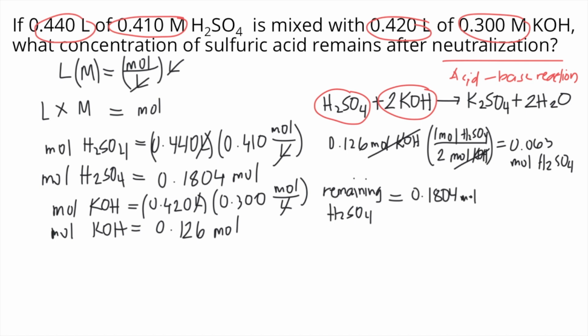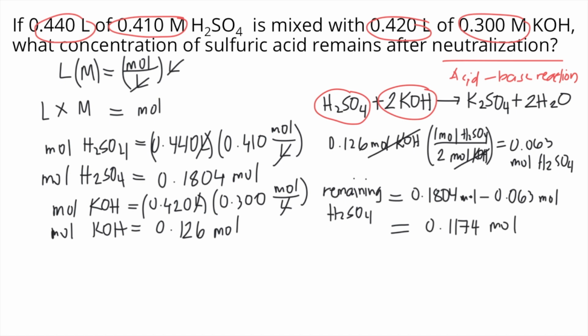Now, after the reaction, 0.063 moles was neutralized. Therefore, the remaining H2SO4 is 0.1804 minus 0.063, and that is equal to 0.1174 moles. So this is your remaining moles of H2SO4.